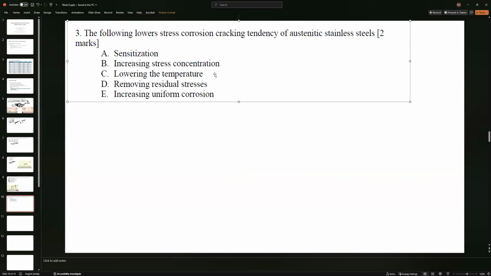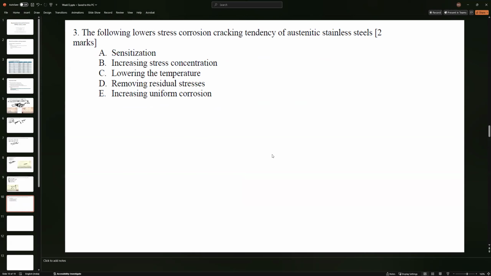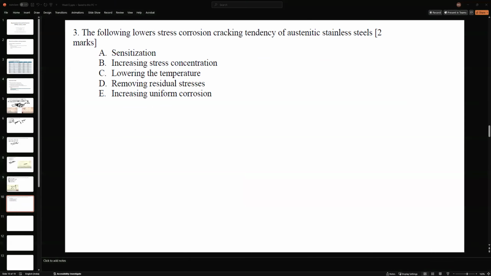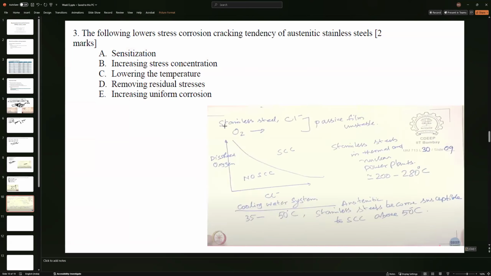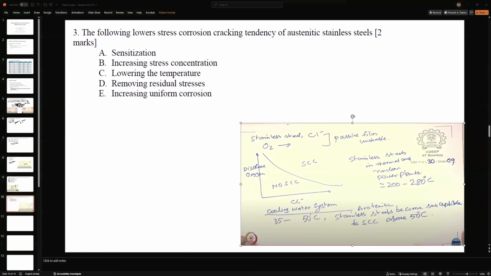Which of the following lowers the stress corrosion cracking tendency of austenitic steel? Okay, it talks about austenitic steel.